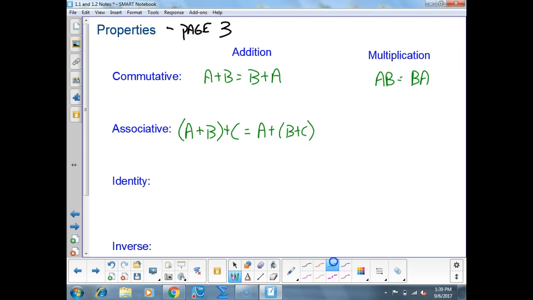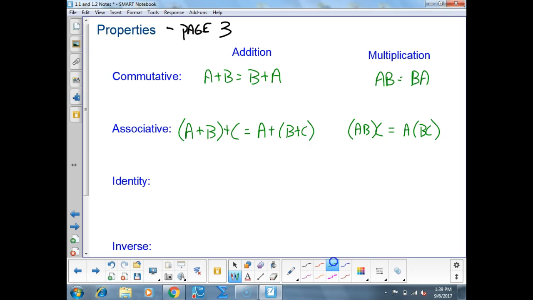In multiplication, it says that if you multiply A and B first, then multiply that by C, that's going to be the same as if you multiplied B times C first, and then multiplied by A.